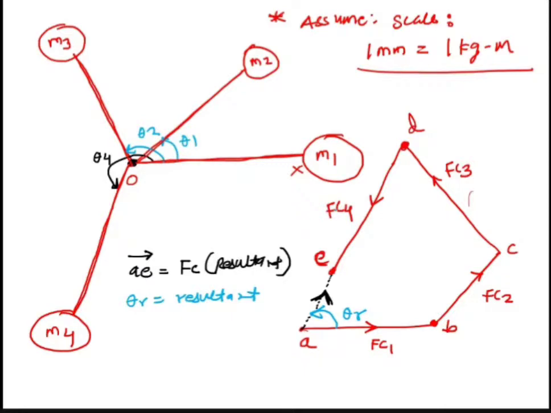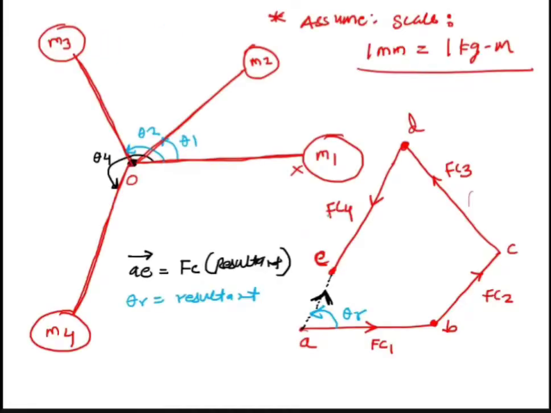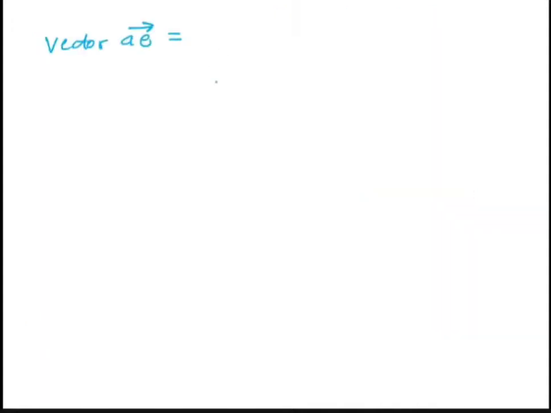So first of all, let us calculate. With the help of your scale, measure this vector AE. So after measuring, let us say I am getting vector AE equal to, so this is the diagram which we have drawn already with the help of a scale. Once you measure this AE, you will get some length. And what length are you getting? I am getting, let us say, 23 mm.